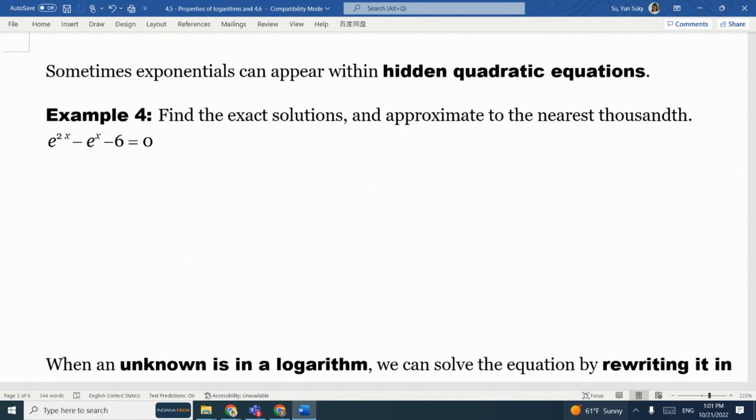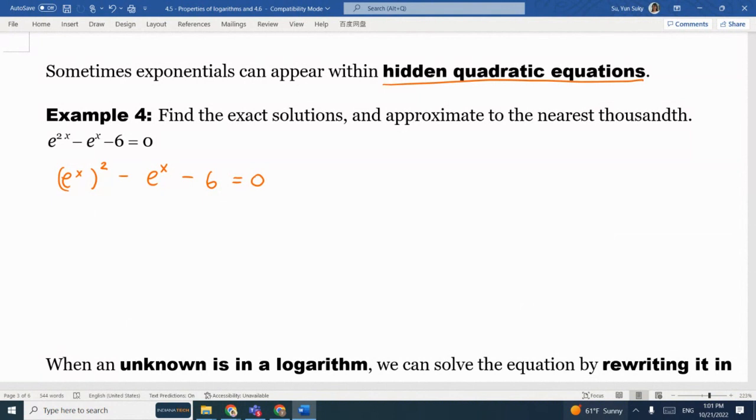Let's see. e to the 2x. Do you see e to the 2x is like e to the x squared? So this is like e to the x squared minus e to the x minus 6 equal to 0. Wow, this is like a hidden quadratic.